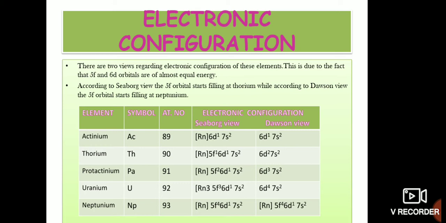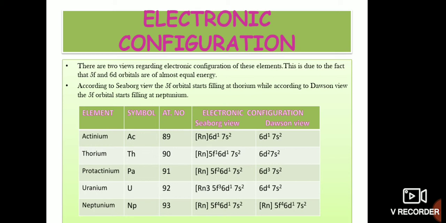After radon comes 6d 0 to 2 and 7s2, and the 5f orbital starts filling. Radon's electronic configuration is 1s2 2s2 2p6 3s2 3p6 3d10 4s2 4p6 4d10 4f14 5s2 5p6 5d10 6s2 and 6p6. Actinium consists of radon 6d1 7s2.